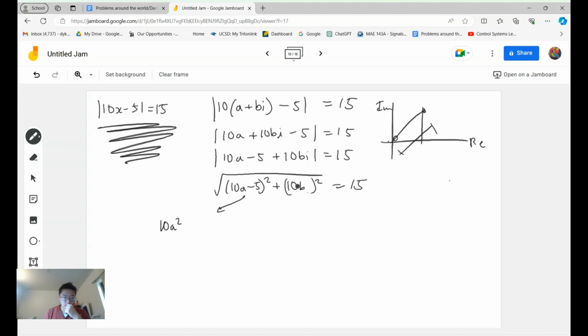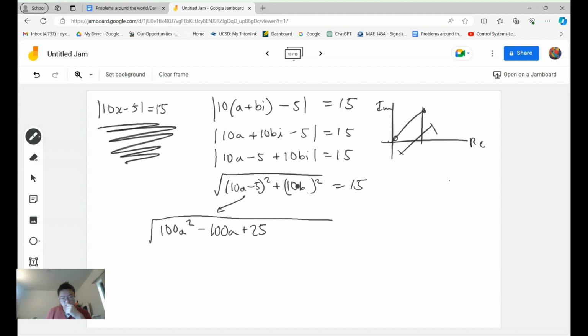10a squared, so that's like 100, right? 100a squared, and then this would be a square root of all cost. If you're doing this method, I don't recommend it. Minus 100a because it is this times this plus 25, right?